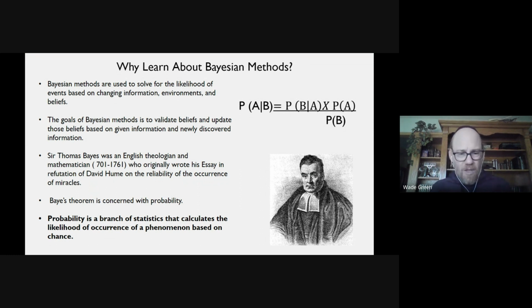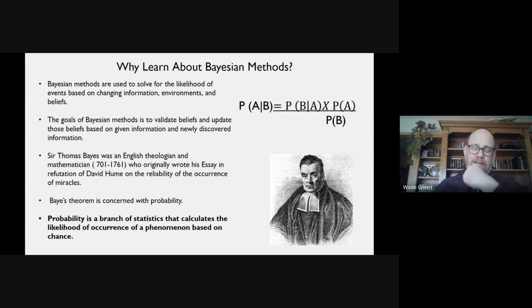So this was actually created by Sir Thomas Bayes, who was a theologian and a mathematician. And believe it or not, as you can see in the picture here, he was actually not 1,060 years old. He was actually maybe only 6 years old. I should say 1701 to 1761. He was not Gandalf the Grey, right?